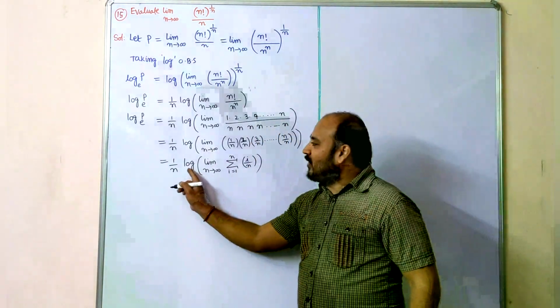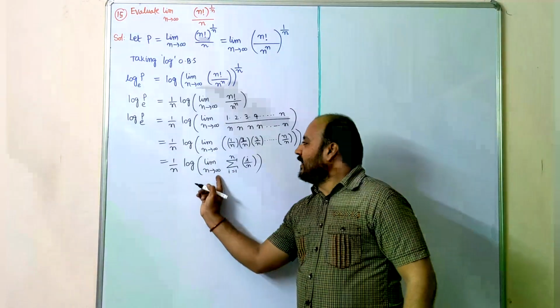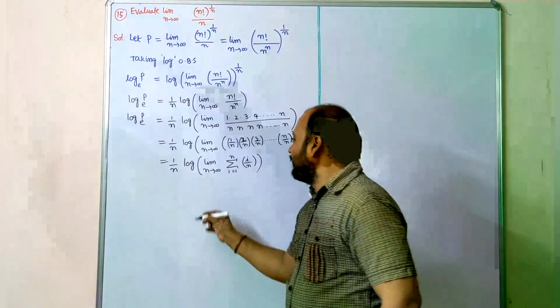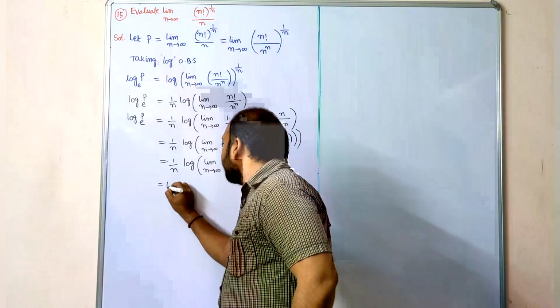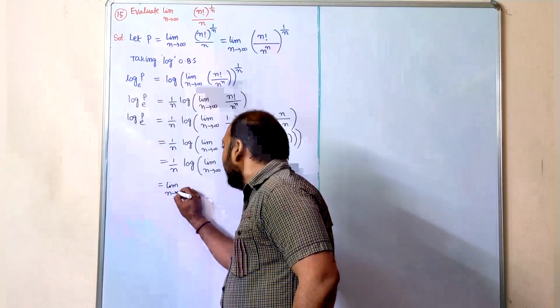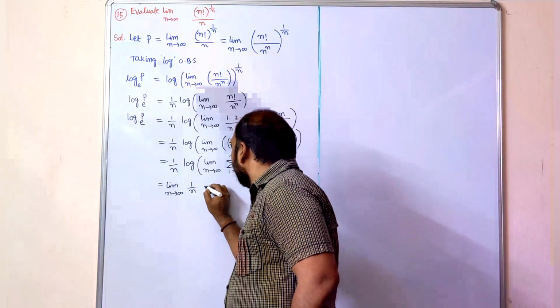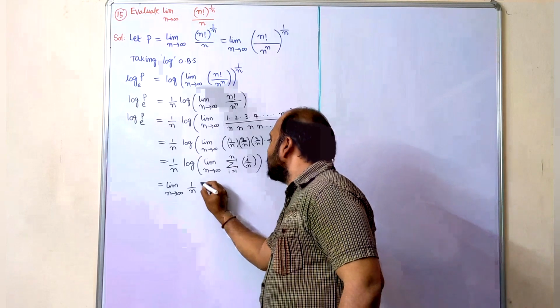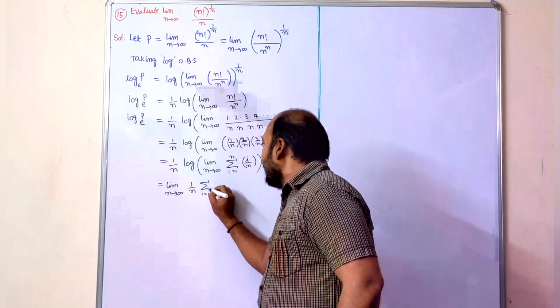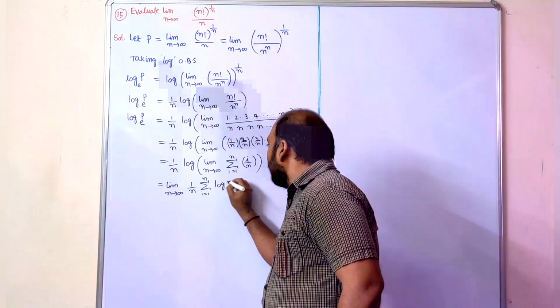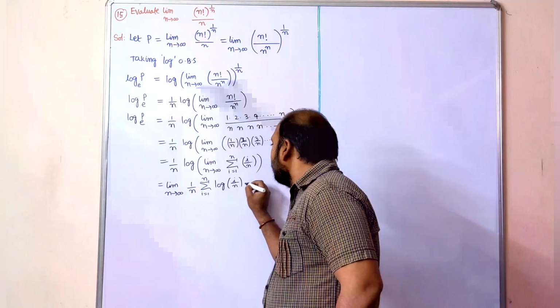Later on, log we are taking inside the bracket, limit n tends to infinity we are taking outside. So it becomes limit n tends to infinity 1 by n, log inside sigma i equal to 1 to n log of i by n.